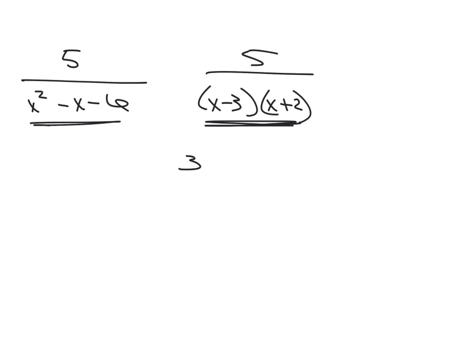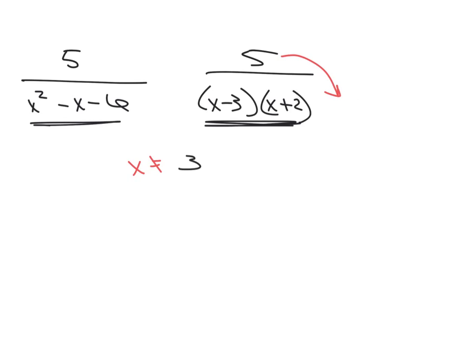If x is 3, then this becomes 3 minus 3, which is 0, and this becomes 3 plus 2, which is 5. And 0 times 5 is 0. So we would get as an answer 5 over 0. So x cannot equal 3 because it will make that bottom set of numbers 0 when we multiply.